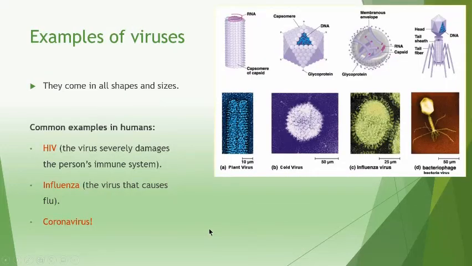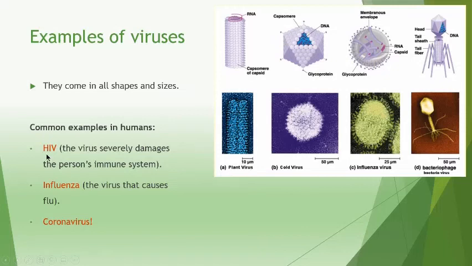We're going to go over examples of viruses, because I said we would earlier, but I did the structure and explanation before. Viruses come in all shapes and sizes. We have plenty of different examples here, so we're going to go over a few common examples in humans.